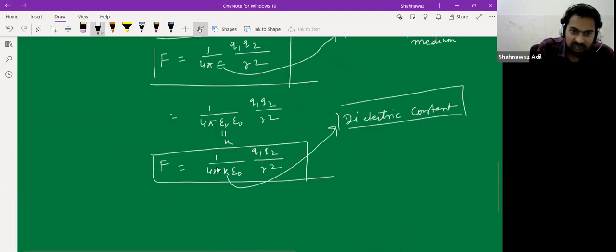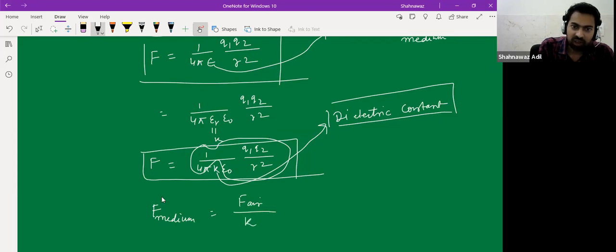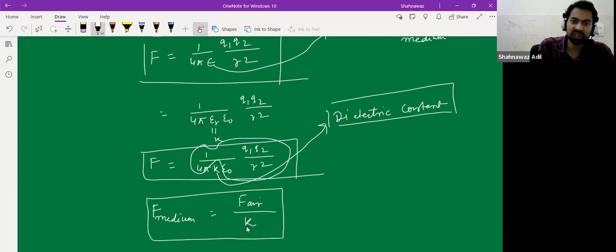So F medium would be, this term is how much? F air by K, right? So now you see that your force is decreased by some factor K. This is the dielectric constant.